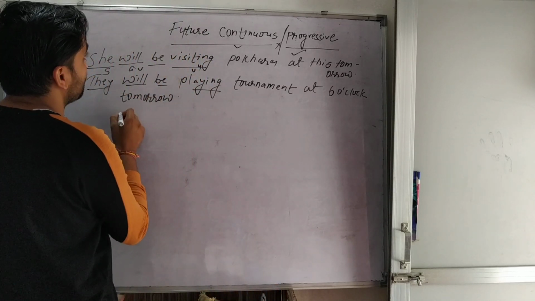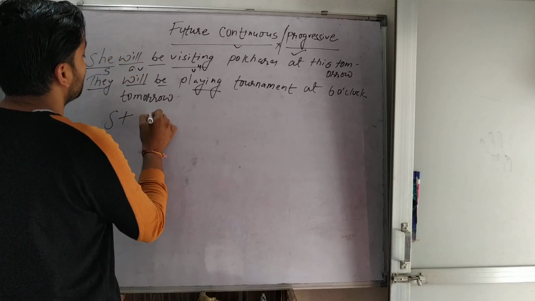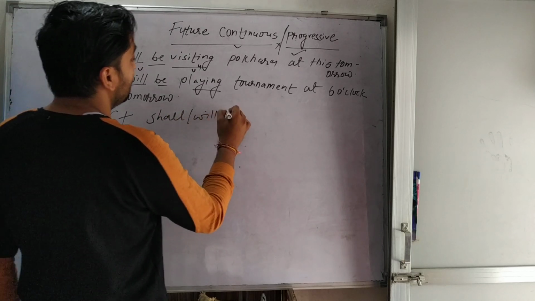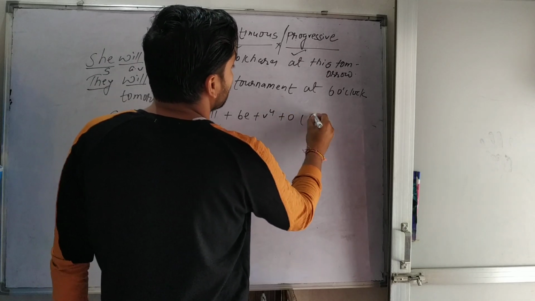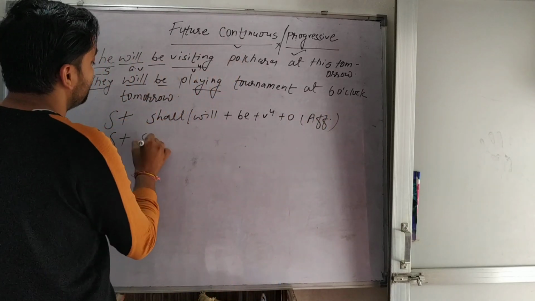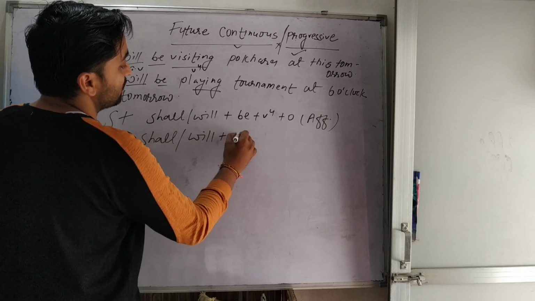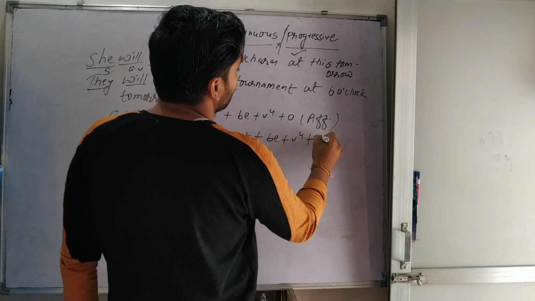The structure of future continuous or future progressive tense is what? Subject plus shall/will plus be plus be4 plus object. It is the affirmative one. Similarly, subject plus shall/will plus not plus be plus be4 plus object.